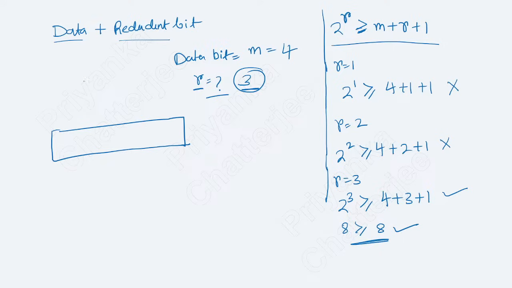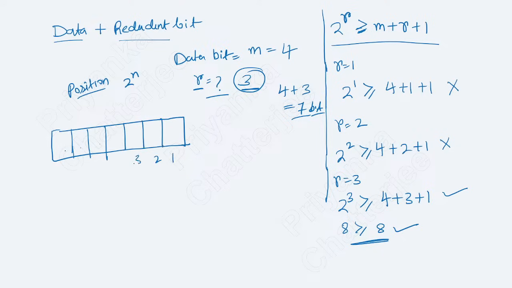The redundant bits will always be in positions of 2 to the power n. My data is 4 and redundant is 3, so I have to arrange 7 bits in total: positions 1, 2, 3, 4, 5, 6, 7.